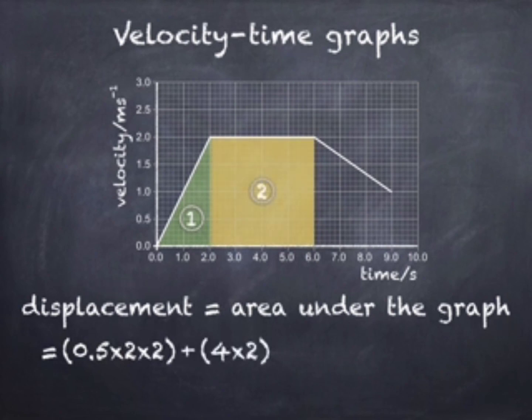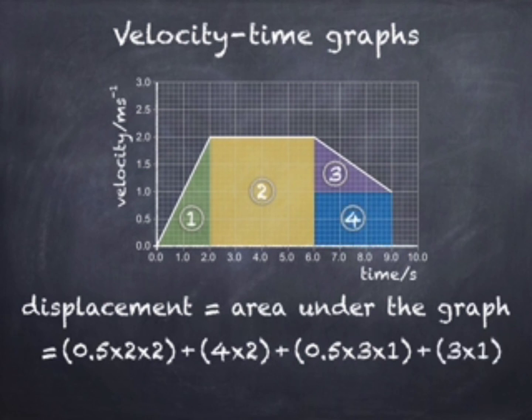You now consider the triangle which is from 2 to 1, and that will be calculated with 0.5 times 3 times 1. Then you add it to the rectangle 3 times 1, which gives you a total answer of 14.5 meters.